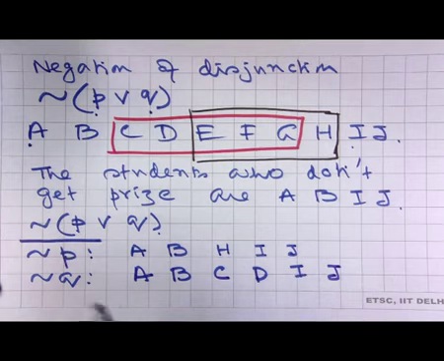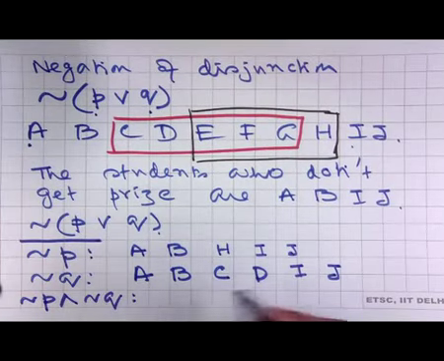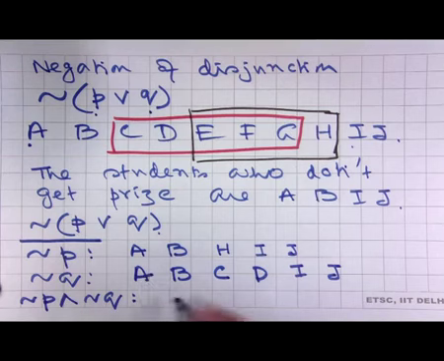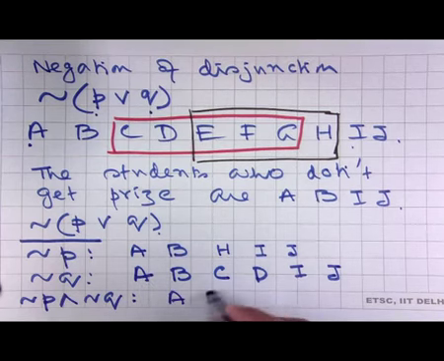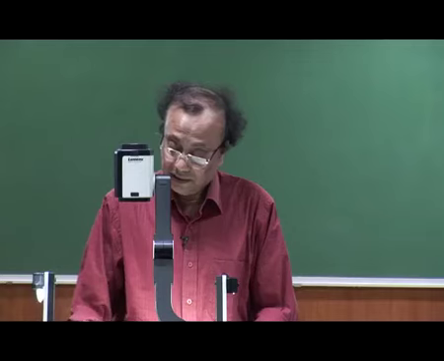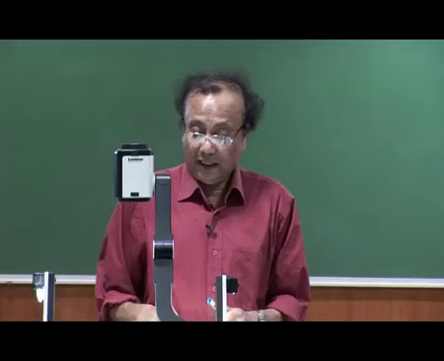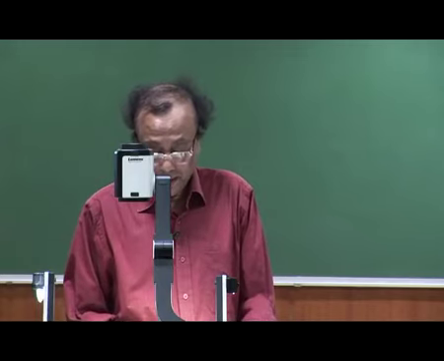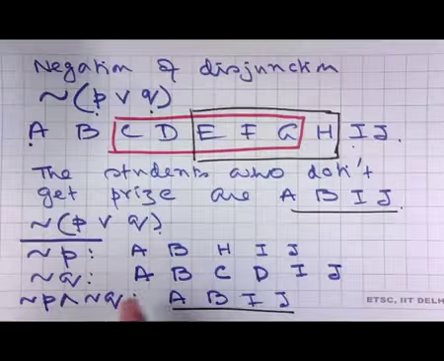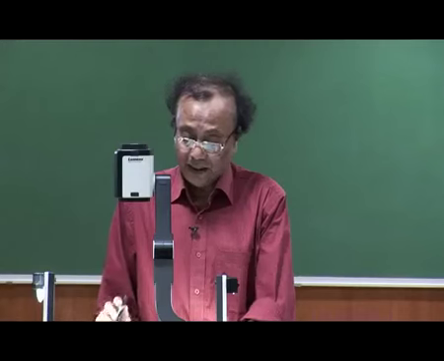Therefore, what is the intersection? We can easily see that the intersection is A, B, I, J, and we can see that this is same as this. Therefore, we can see that the truth set of not P and not Q is same as not of P or Q. So, this is the way we understand this.